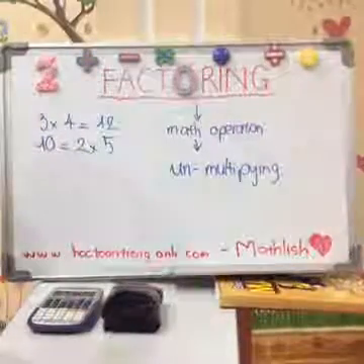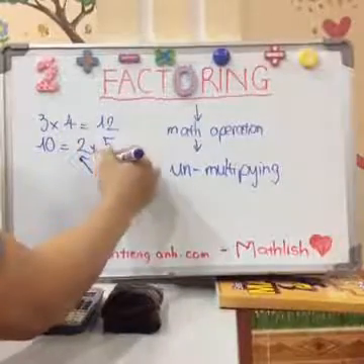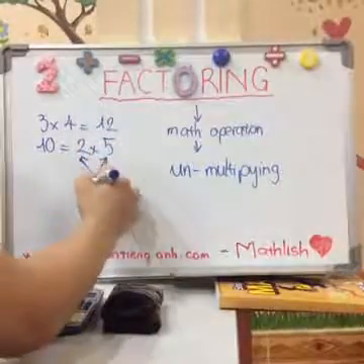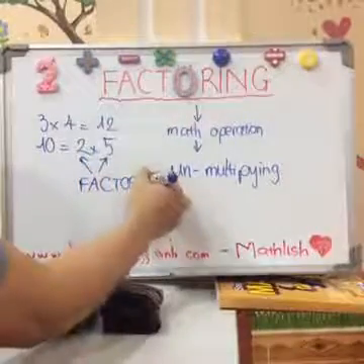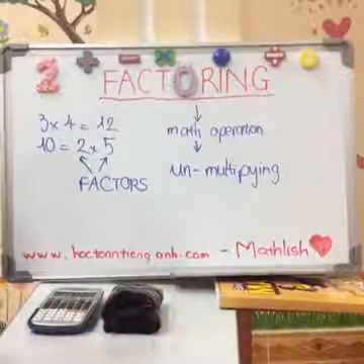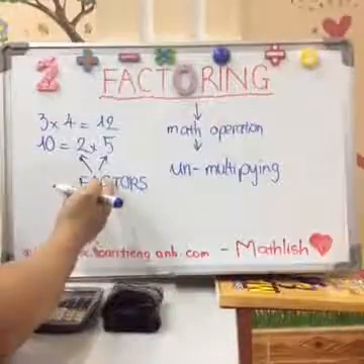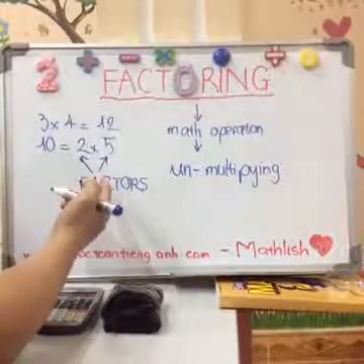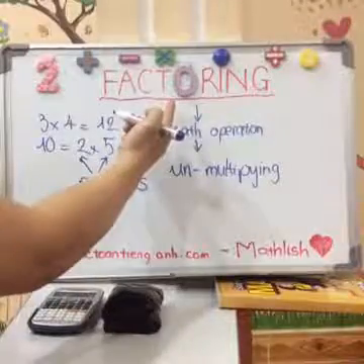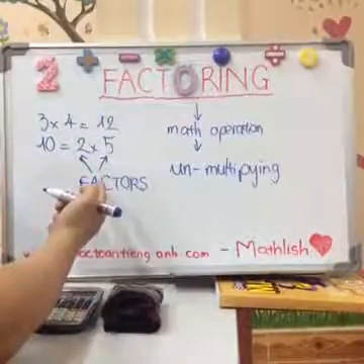That means that 2 and 5 are factors of 10. So, factors are just the parts of a multiplication problem, and factoring is figuring out what those parts are.